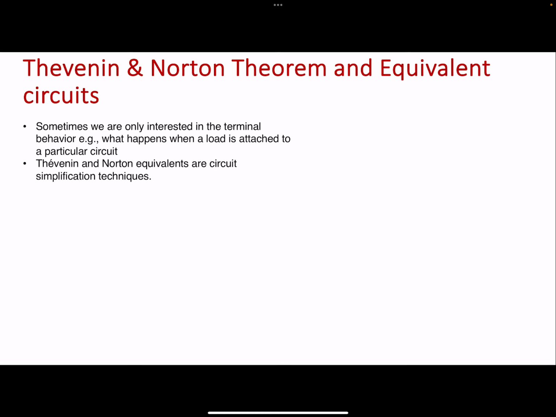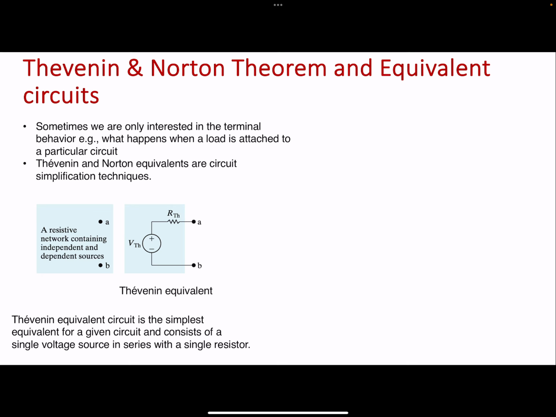So these people, Thevenin and Norton, came up with very good theorems and circuits that could potentially be used to simplify those circuits. Okay, very quickly, let's look at the Thevenin equivalent.